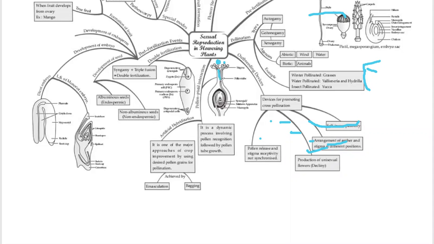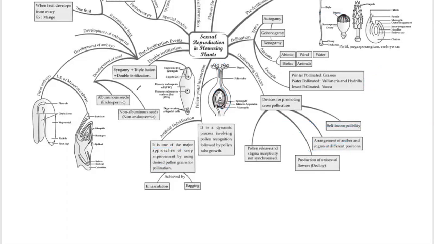Then a pollen tube germinates. This full event is shown here. Then artificial hybridization is one of the major approaches of crop improvement, using desired pollen grain for pollination, which can be achieved by emasculation and bagging.